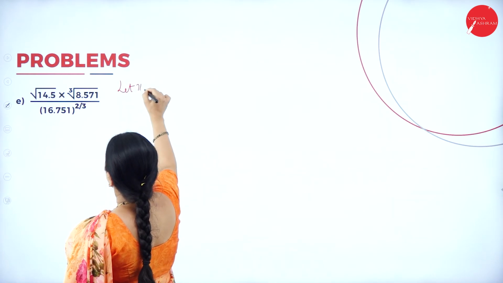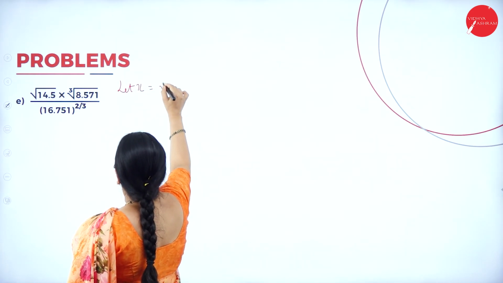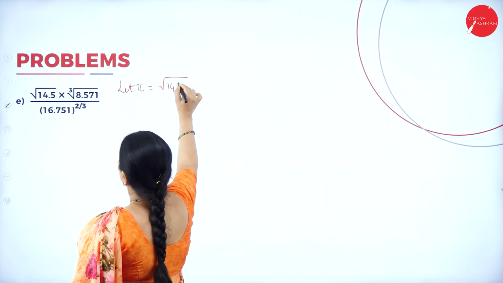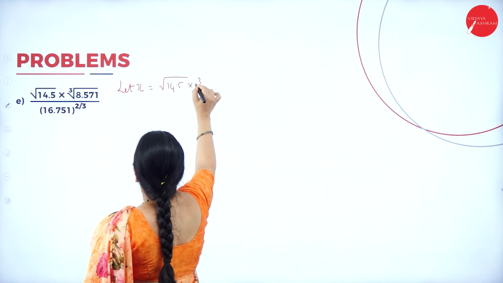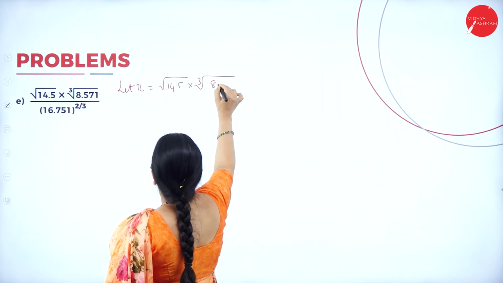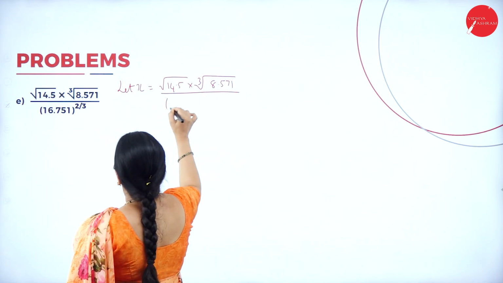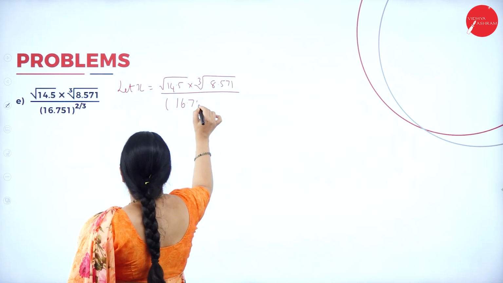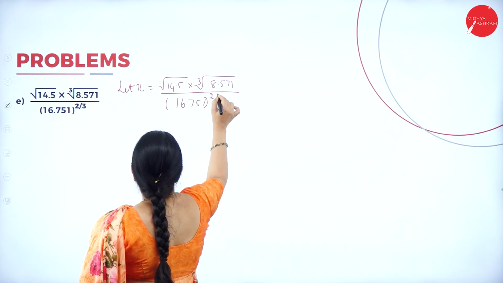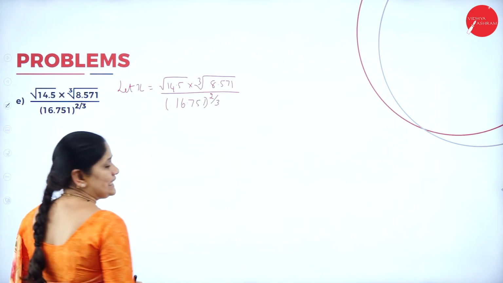Let x be equal to root of 14.5 into cube root of 8.571 whole over 16.751 to the power of 2 by 3.